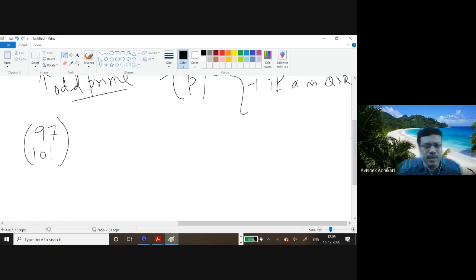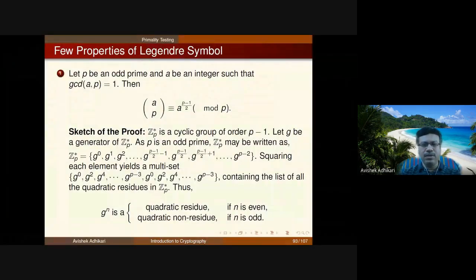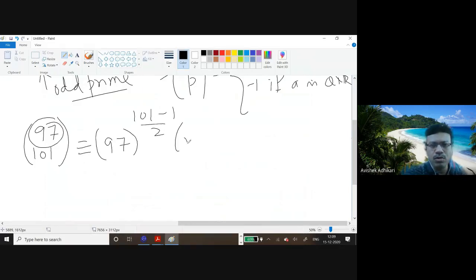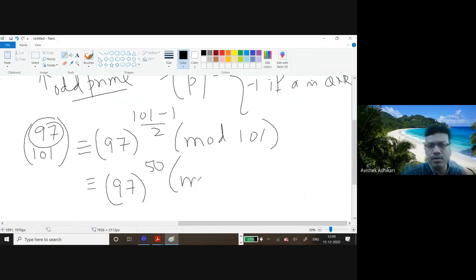So the first thing: with the formula that we have just now, if we want to calculate with this formula, how does it look? Here this is our a. So that should be 97 to the power (101 minus 1)/2 modulo 101, which is nothing but 97 to the power 50 modulo 101.